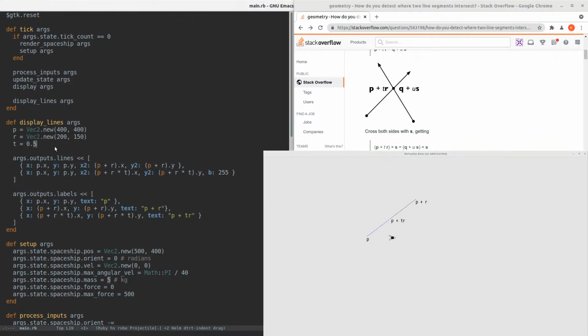If we set t to 1, then we're at this point here. If we set it to 0, we're at this point here. And if we set it to 1.5, we're all the way out here. So these are all the different positions that we're looking at here. And so that's essentially how this works. That's how the P works.